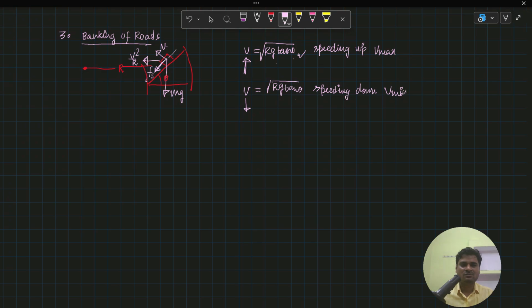So these will be the two cases. If velocity is root of rg tan theta on this banked road, there is no need of friction to act on this vehicle.